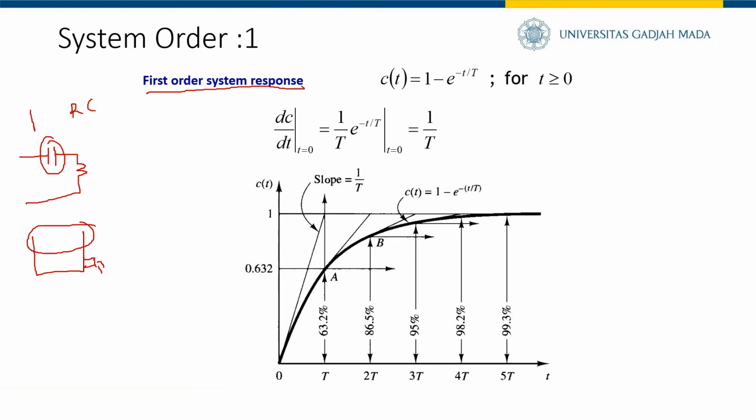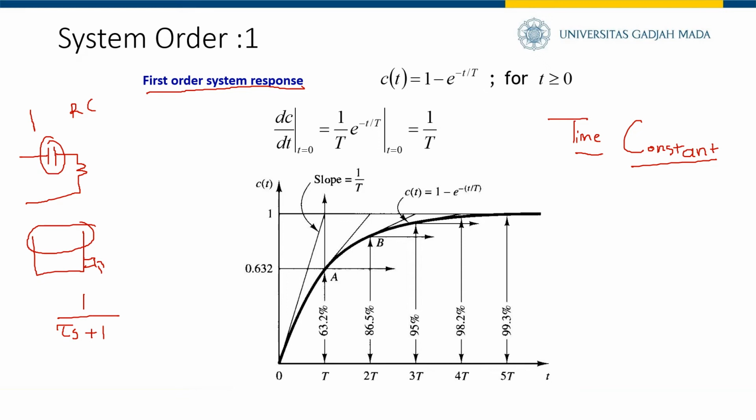In terms of transfer function, it will have tau s plus 1. And then let's discuss the system response. For a first order system, we have this term, time constant. What is time constant?